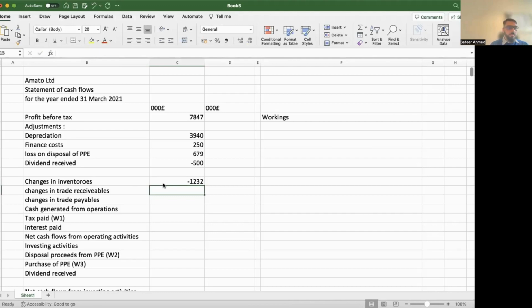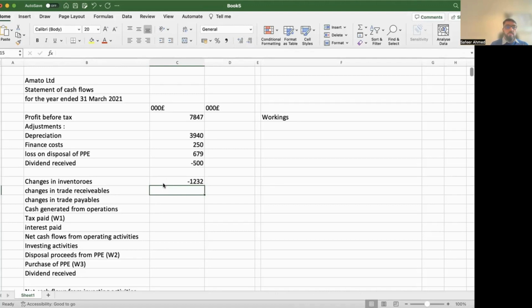Changes in trade receivable. So if you look at the trade receivable, last year it was 9983, this year is 9723. Now, in terms of the trade receivable, there is a decrease in trade receivables. So decrease in trade receivable meaning what? We must have received money during the year. That's why now people owe us less money.